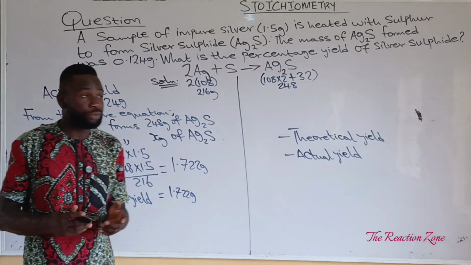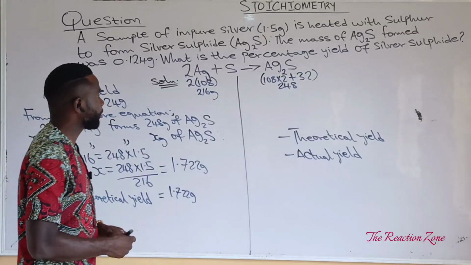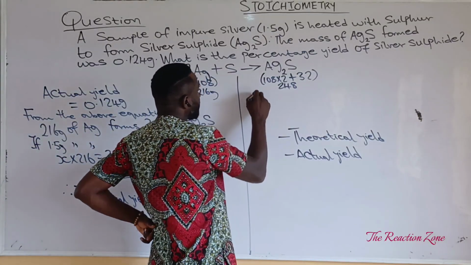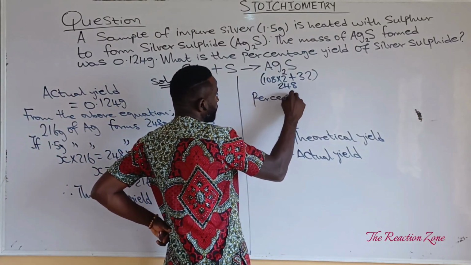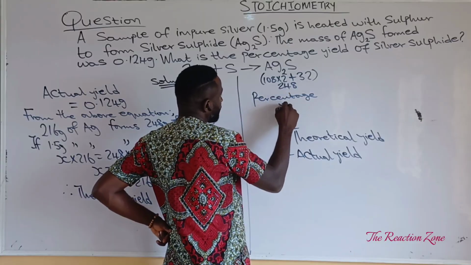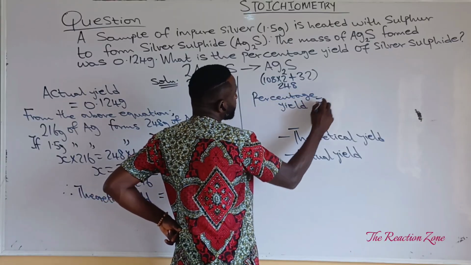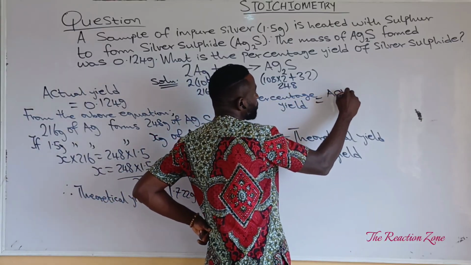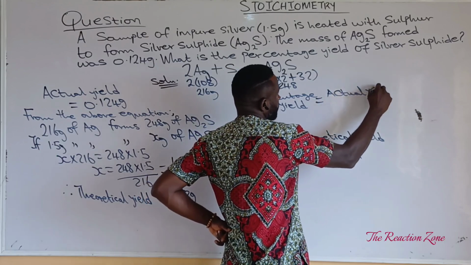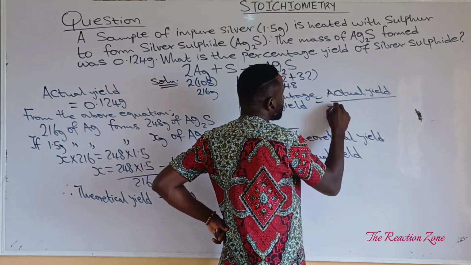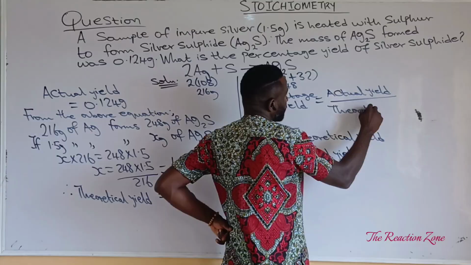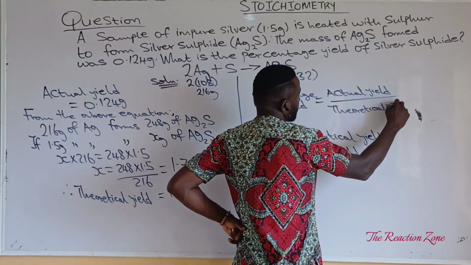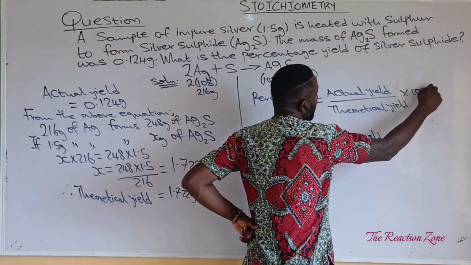The question is asking us to find the percentage yield. The formula for finding the percentage yield is as follows. Percentage yield is equal to the actual yield divided by the theoretical yield, multiplied by 100.